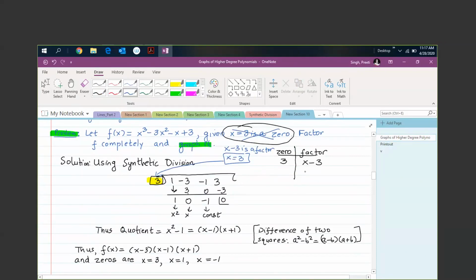Now if for some reason x plus 3 is given, then the 0 becomes negative 3. It's the opposite sign. Both are the same thing. This is called a factor of a polynomial. This is called a 0 of a polynomial. And whatever the 0 is, that goes to this yellow highlighted part, the divisor part.